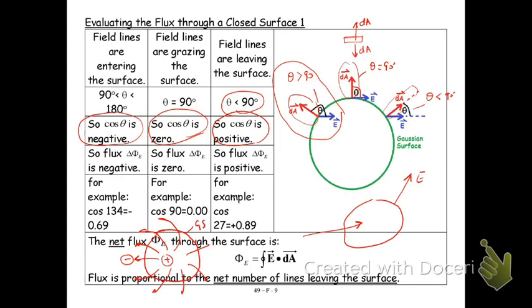And if the arrows are going in, it's negative flux. So arrows coming out, positive flux; arrows going in, negative flux. So we have a sign convention for it. It's arbitrary, but once we do it, we've got to stick with it.